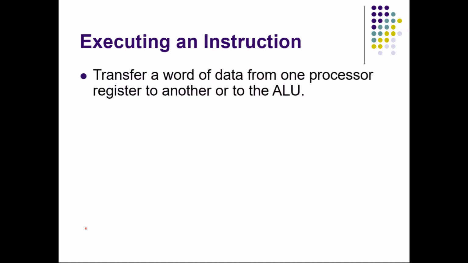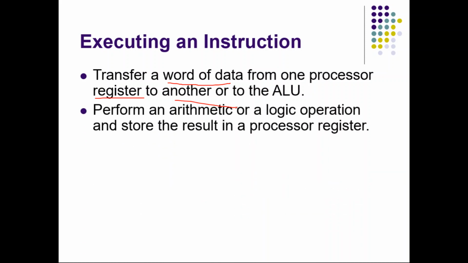The first is to transfer a word from one register to another: how a word of data is transferred internally, and what exact steps are going on. The second is performing an arithmetic or logical operation and storing the result in a processor register: how exactly the operation is done, and how the result gets stored in one of the registers.